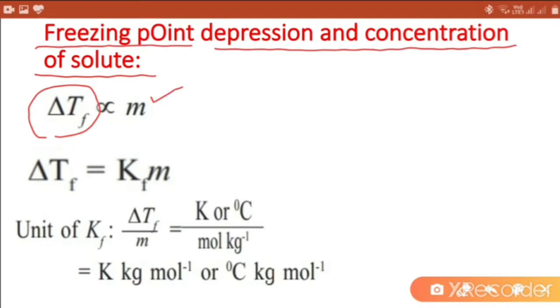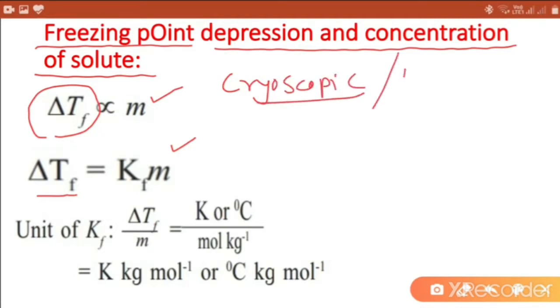By removing the proportionality sign, delta TF is equal to Kf into small m. This Kf is called freezing point constant, or freezing point depression constant, or cryoscopic constant.